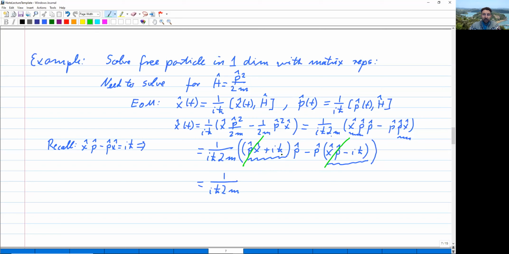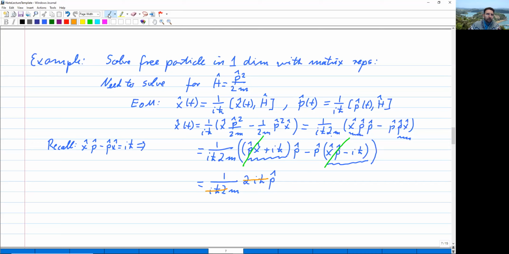And we are left with what? With iħ p hat plus iħ p hat. So what we are left with is 2 iħ p hat. Now that's very welcome, because we can now cancel this 2 iħ with this iħ 2m.